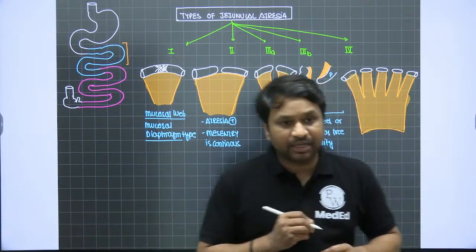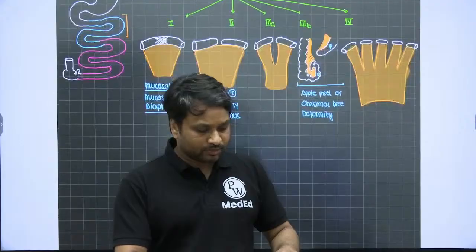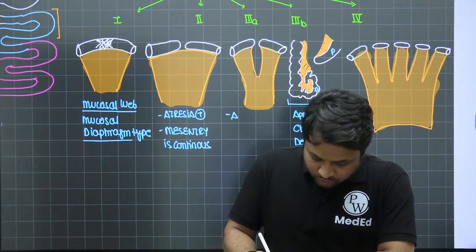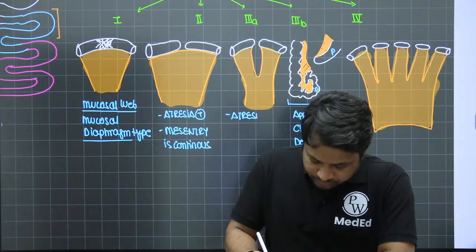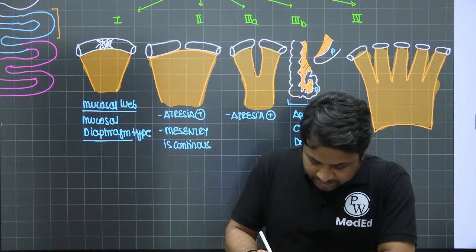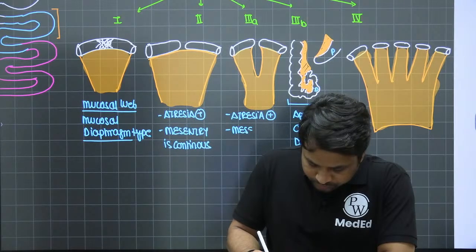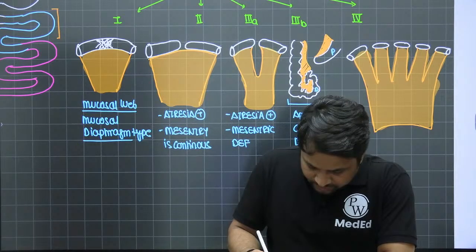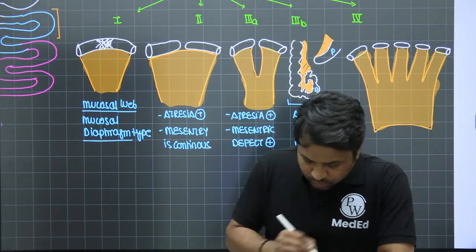In 3A variety, there is presence of atresia and there is a mesenteric defect also.